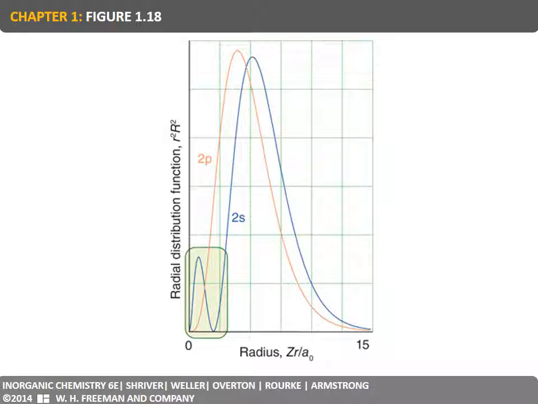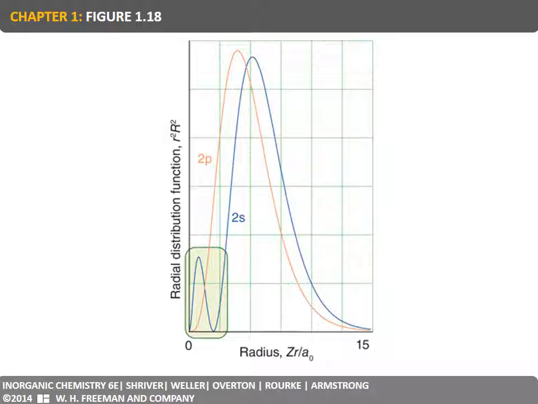Now, it is intuitive to see that the closer an electron can approach the nucleus, the closer the Z effective value is to Z, because there is less of a repulsive effect by other electrons, right?